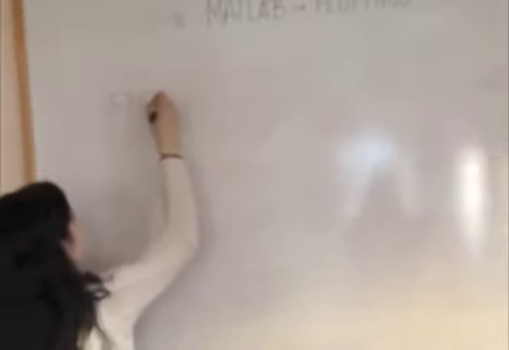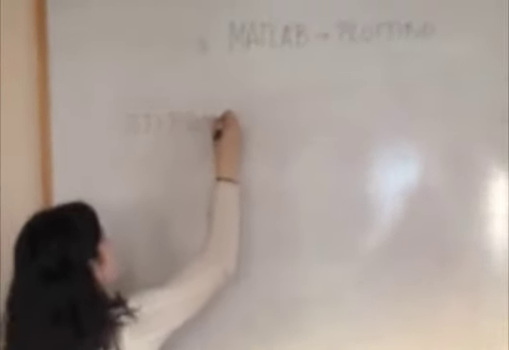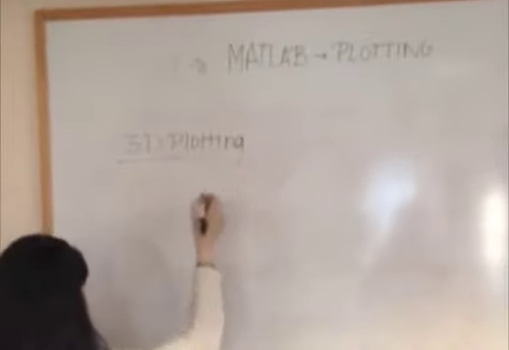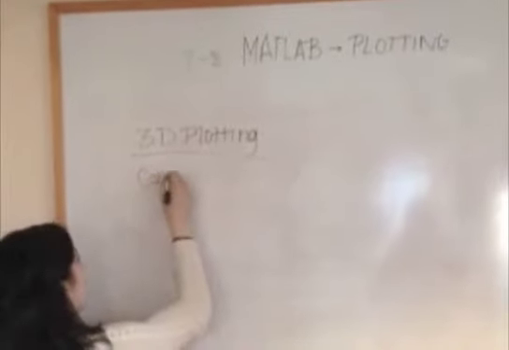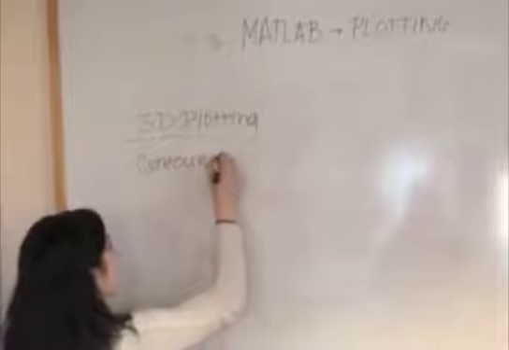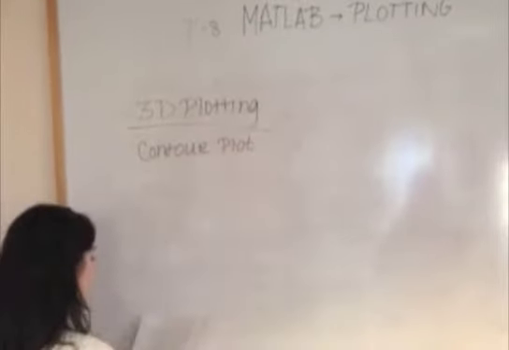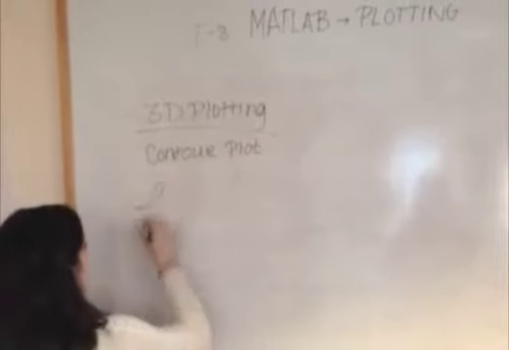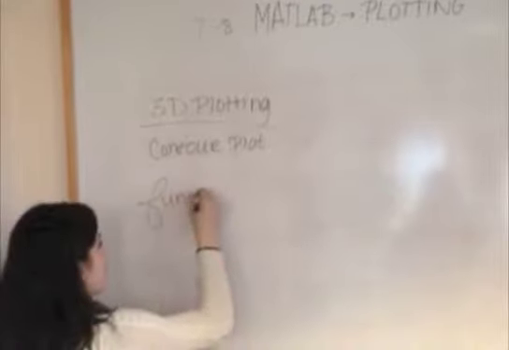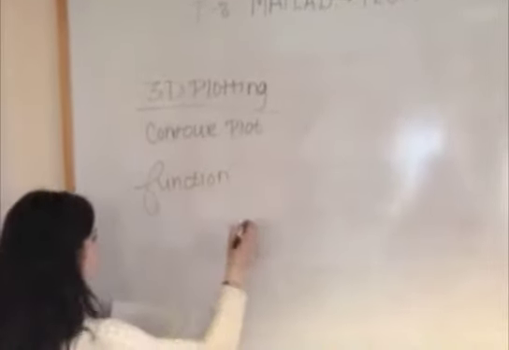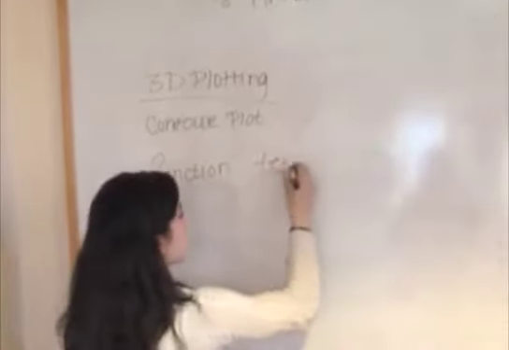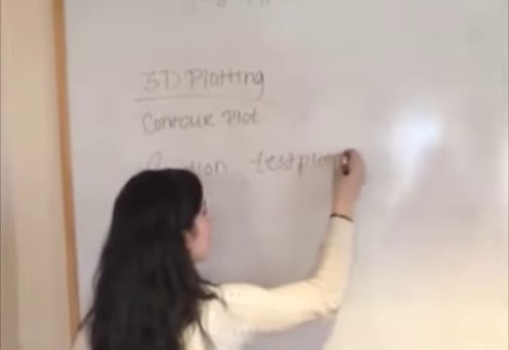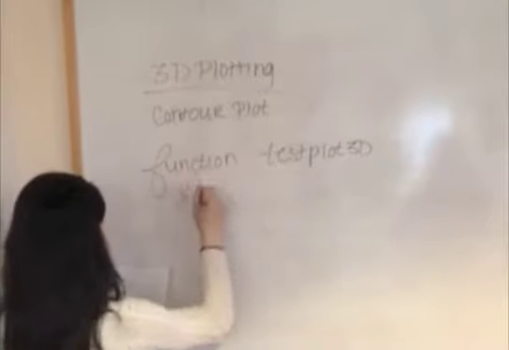Example for 3D plotting. We are going to do a contour plot. So the first thing, like in 2D plotting, we're going to write the function and its name. We're going to do test plot 3D. Next we're going to define x and y.